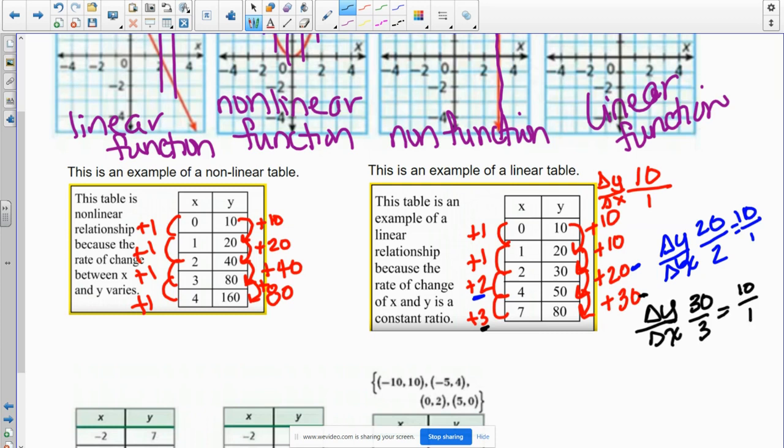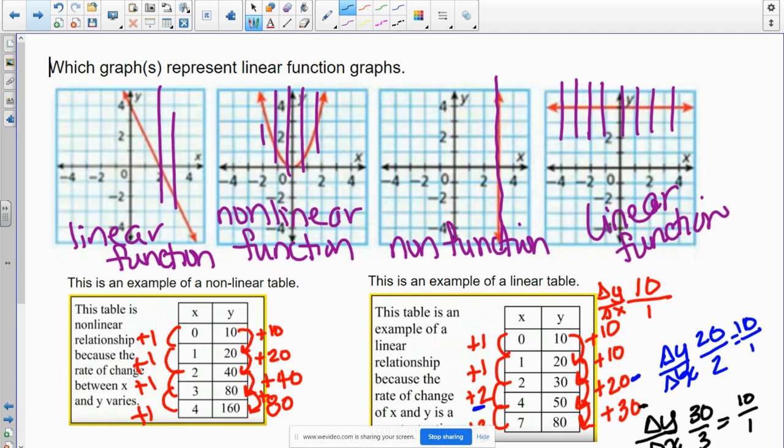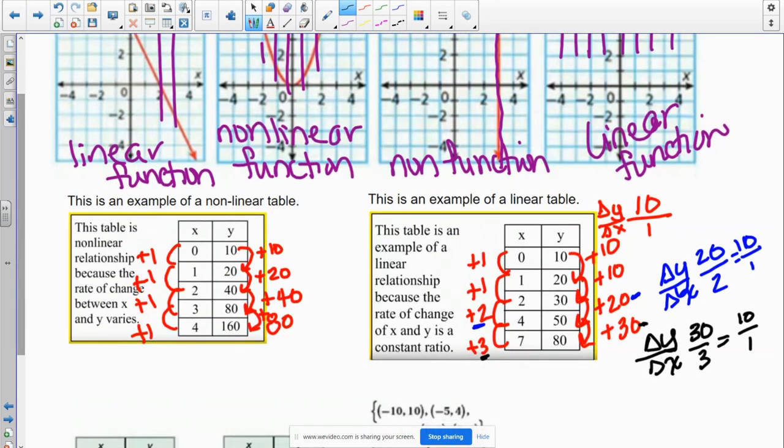So if we go back to the definition, to be linear, it has to show a constant rate of change throughout the whole table. That doesn't mean that it's always going to be adding or subtracting the exact same amount in the table. It has to be the same rate, but you might have to really look at those rates and make sure that when you do the change of the y's over the change of the x's, those values reduce to that same amount.